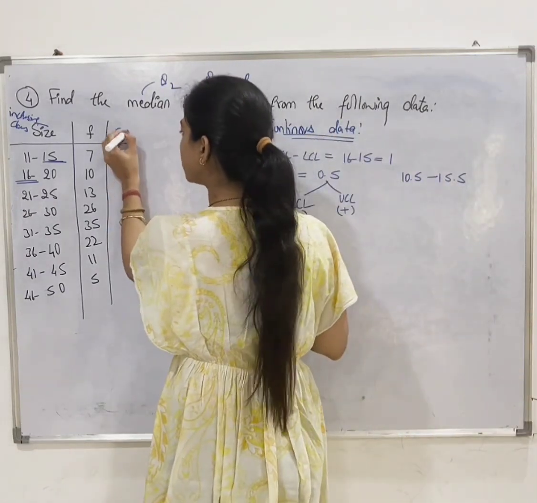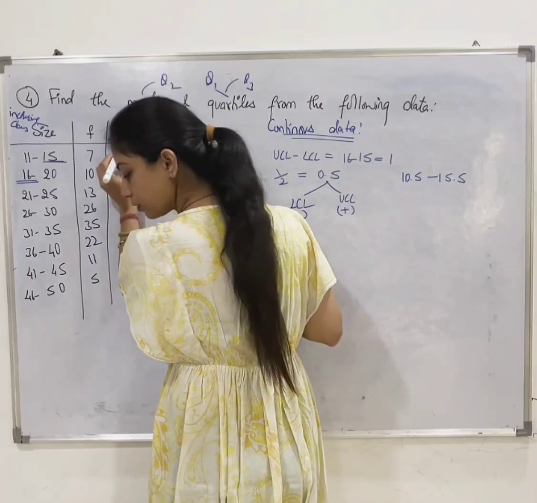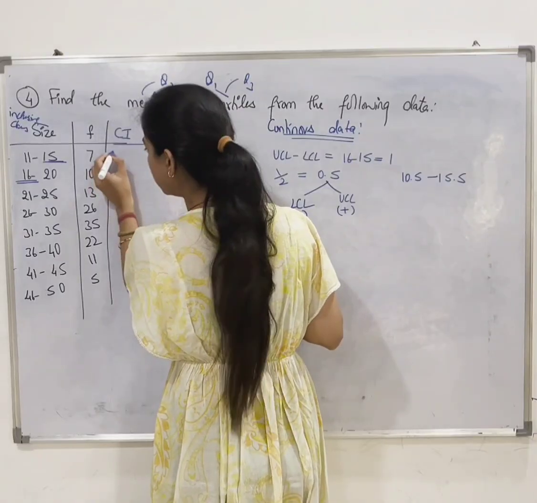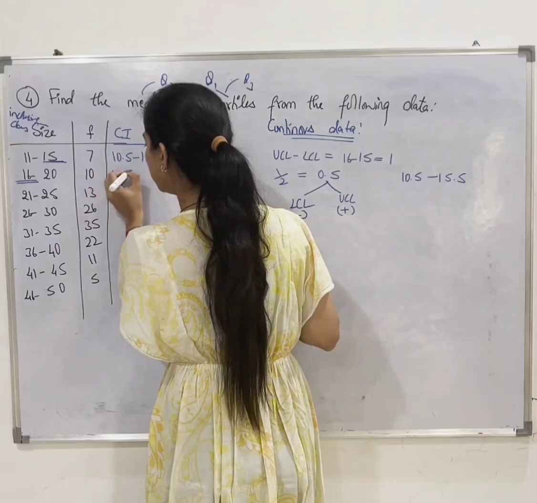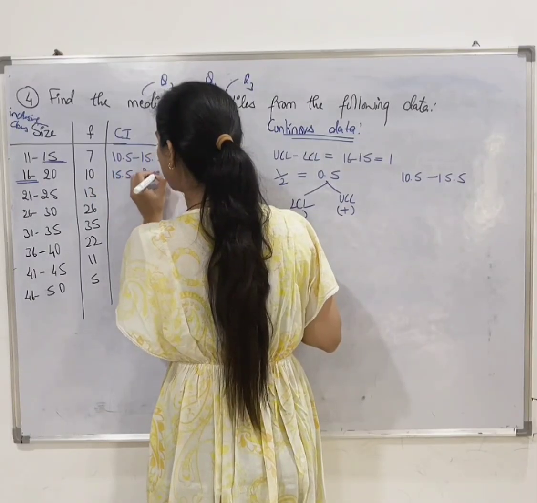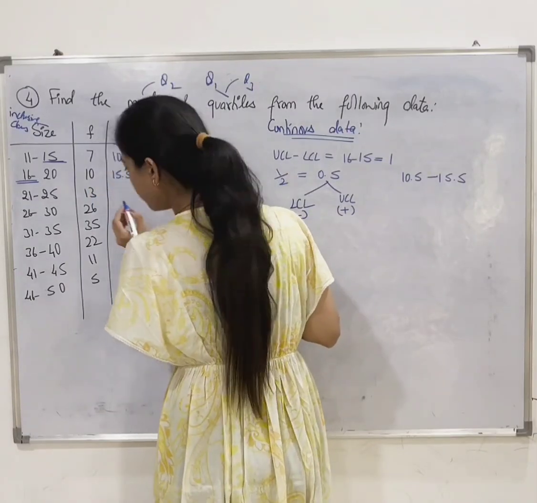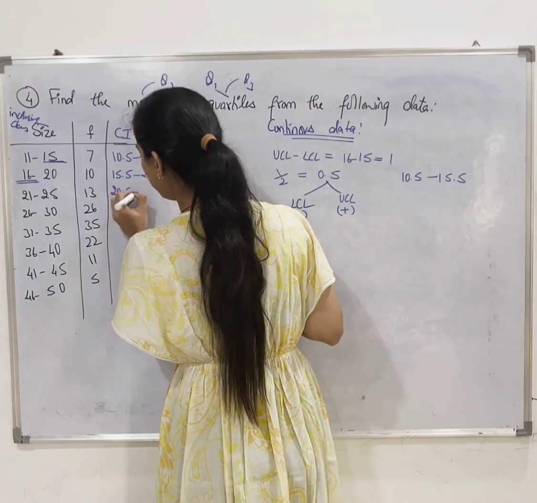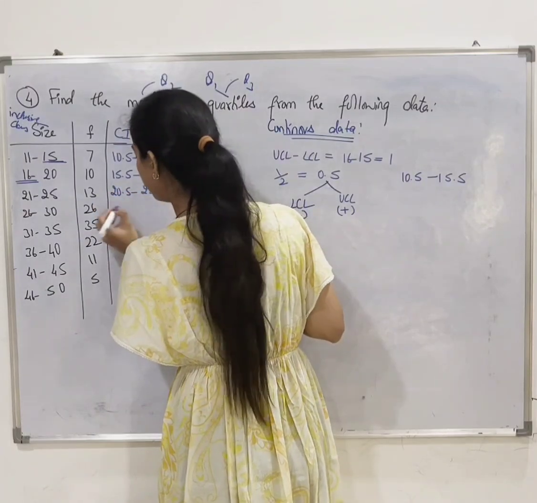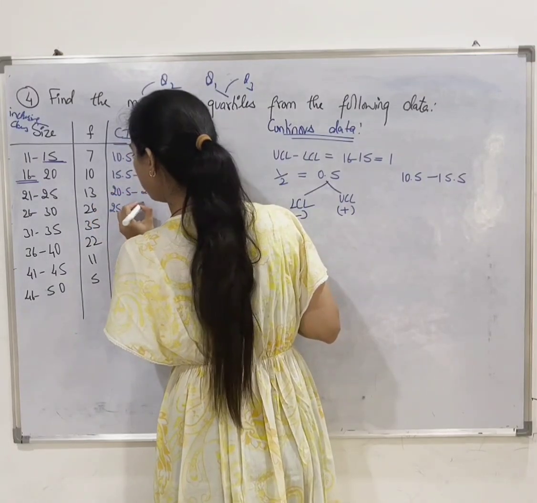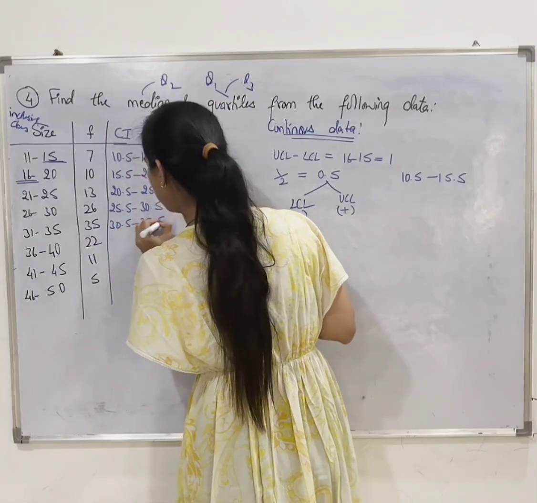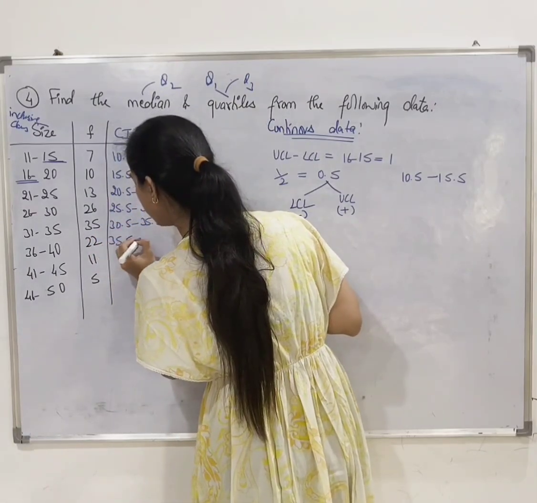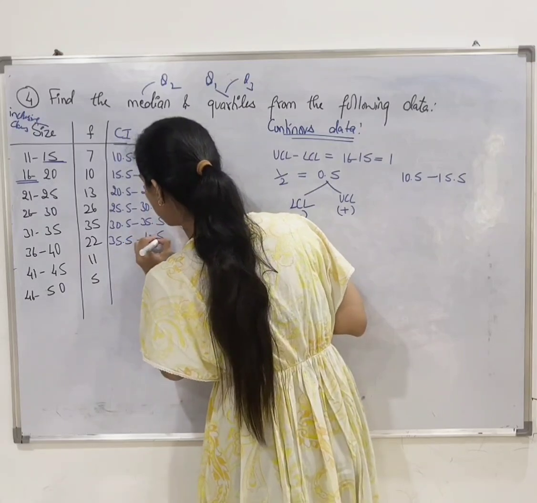Let us mention the class intervals: 10.5 to 15.5, again 15.5 to 20.5, next 20.5 to 25.5, 25.5 to 30.5, 30.5 to 35.5, again 35.5 to 40.5.